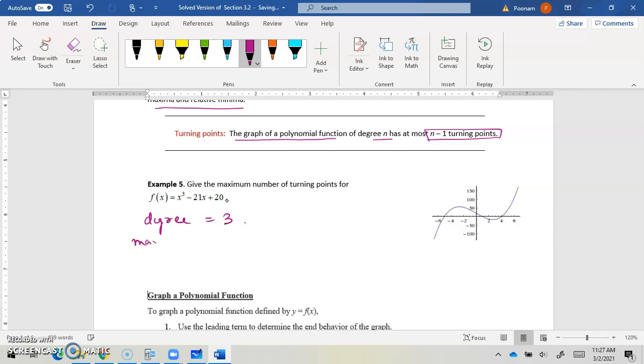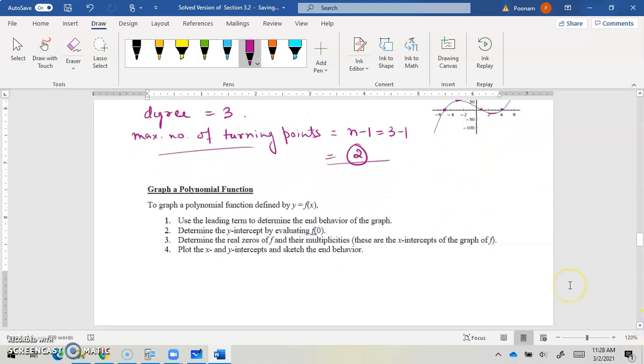So the maximum number of turning points will be equal to degree minus 1, that is 3 minus 1. How many? 2. So you can see the graph of this function right here. It has 3 zeros because that's the degree. It has 2 turning points, 1 and 2. That's what we said, that the maximum number of turning points is equal to 2.